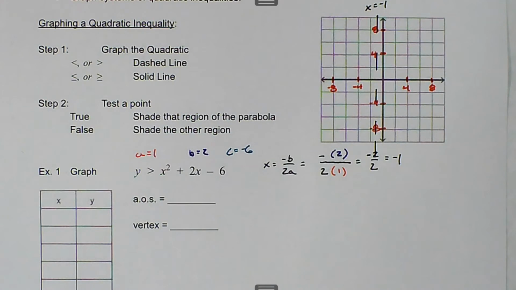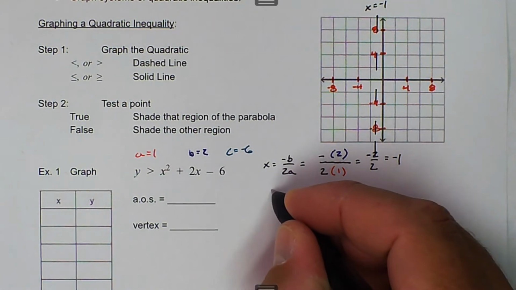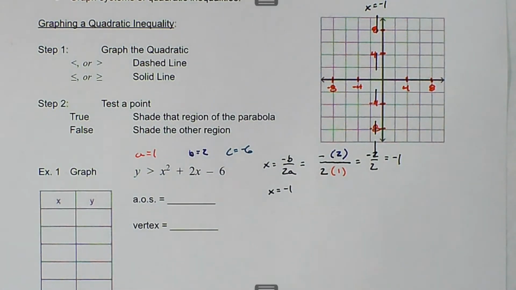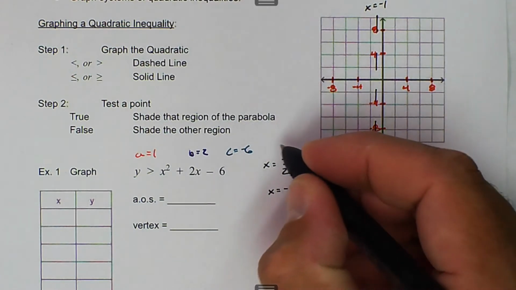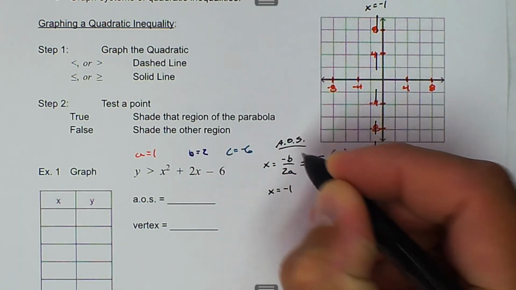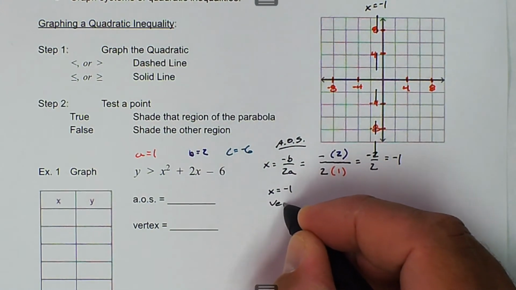The next thing, we can use x equals negative 1 and substitute it into the equation to find out what our vertex is. So this helped us calculate the axis of symmetry, and now we're going to calculate the vertex.